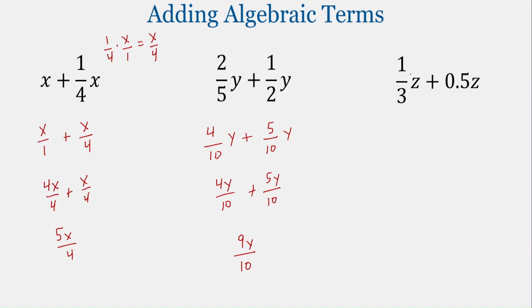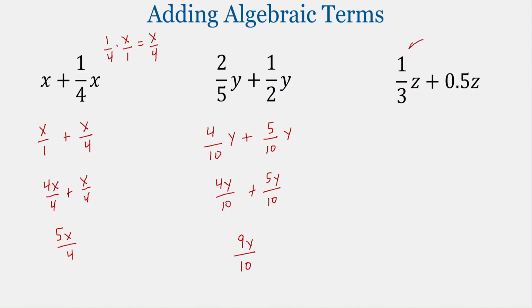And then finally, we have 1/3 z plus 0.5 z. So we have a mix of fractions and decimals. Typically, we don't mix fractions and decimals, but it's perfectly valid. And what we'll do is we'll convert one to the other. Depending on what the numbers are will determine whether I convert the fraction to the decimal or the decimal to the fraction.